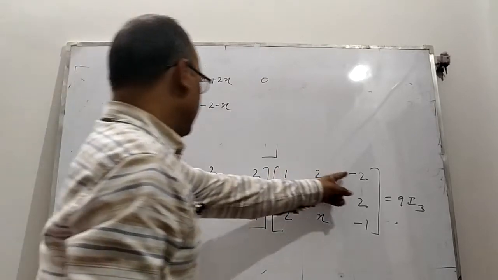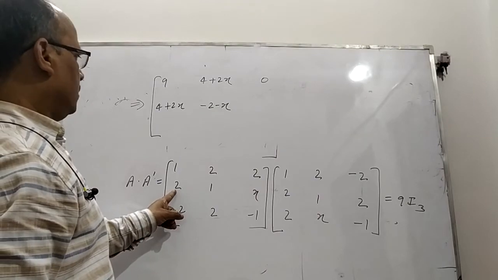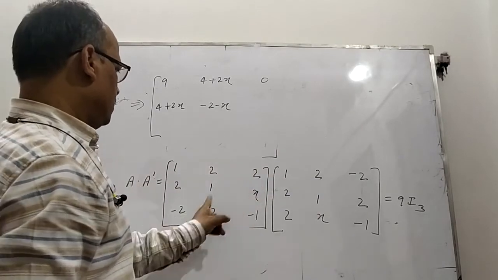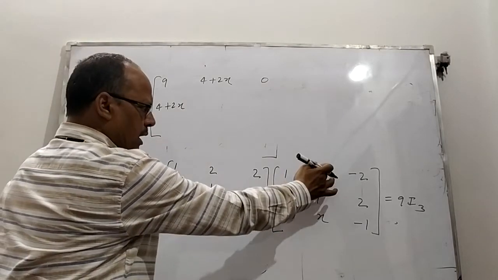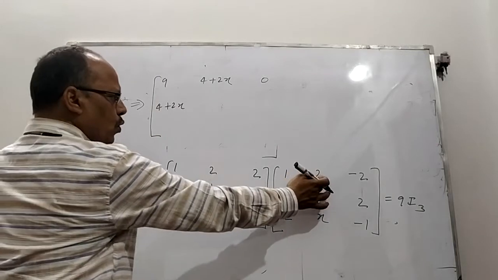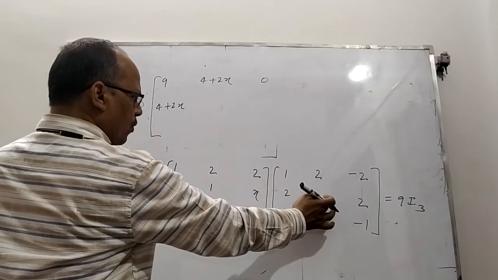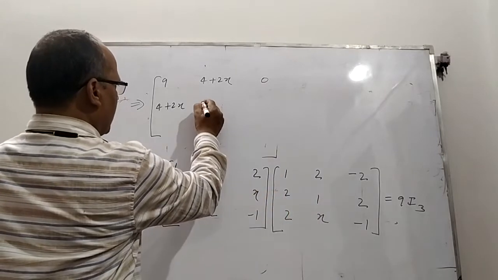Then it is multiplied with this last. Here, for second row and second column, 2 into 2, 4. This will be 1. 4 plus 1, 5. 5 plus x square.